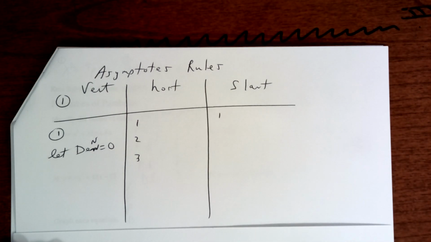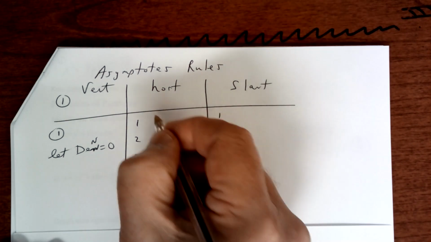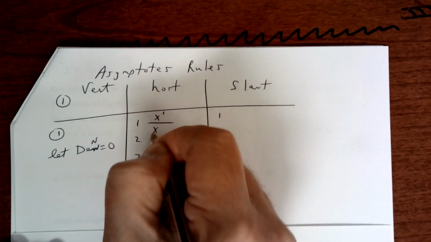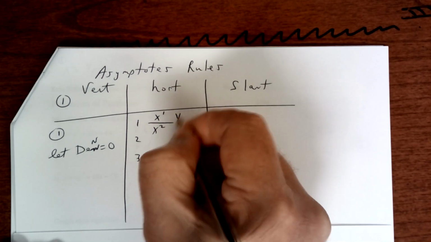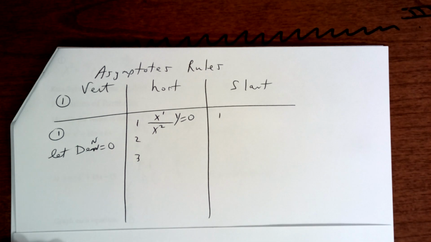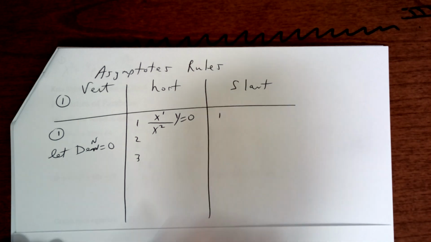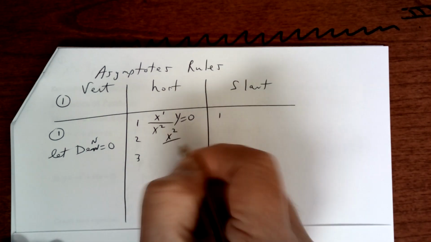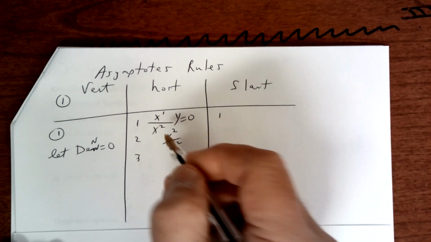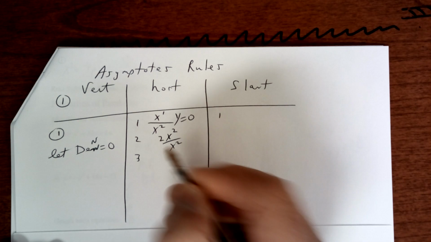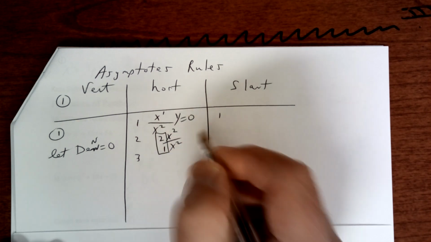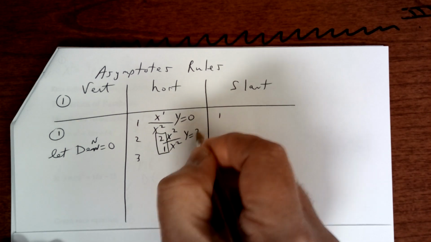To find the horizontal, you got to look and see if it's bottom heavy. So if you have x to the first over x to the second, that's bottom heavy. And by default, it's going to be y equals 0. If the exponents are the same, like x squared over x squared, then it's going to be the ratio of the coefficient. So if that was a 2 and that was a 1, then it would be y equals 2 over 1, which is 2.